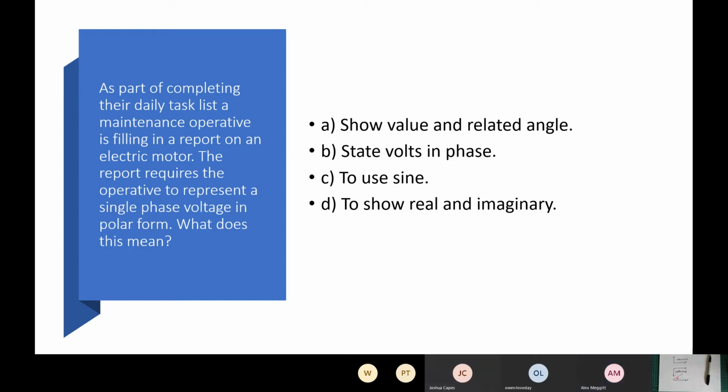As I say, this is an unfair one on the Meckies, because they just won't have covered this at all. So polar form is simply a graph form showing the relationship of current to voltage. I don't know how to give you an easy way to remember this one, Owen, other than hope you get this exact question and the answers show value and related angle.